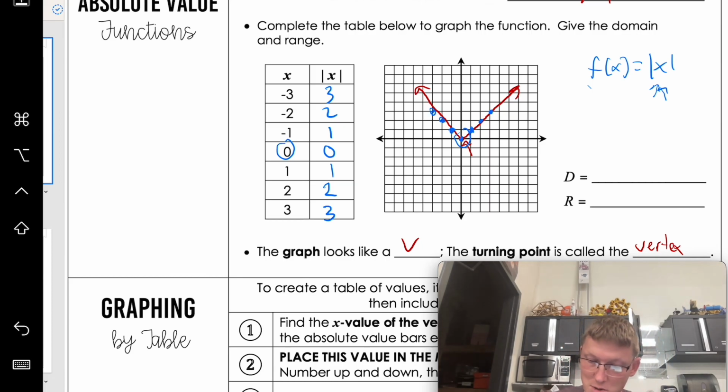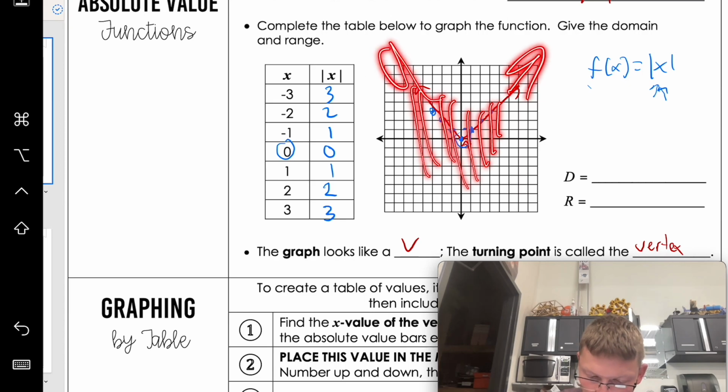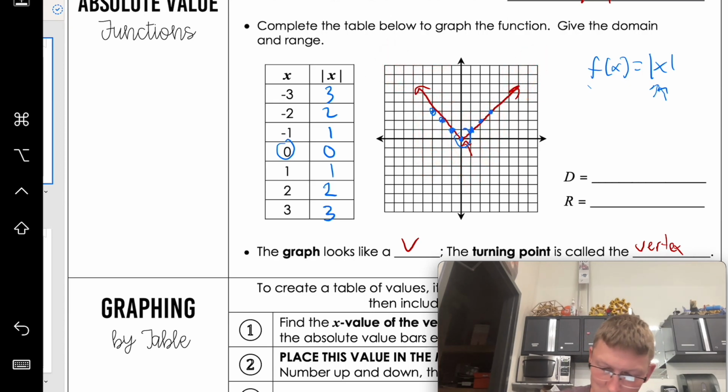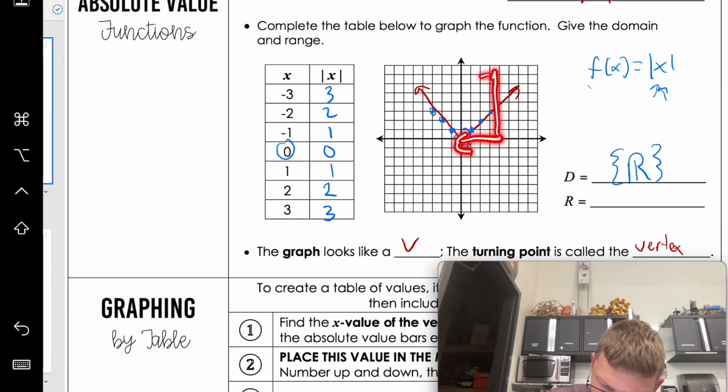So let's talk about our domain. We look at all of our x values that cross the line. These arrows go on forever, so our domain is going to be all real numbers. Our range is a little bit more interesting. Our range starts here and goes all the way up because we can cross the line there and there and there and there.